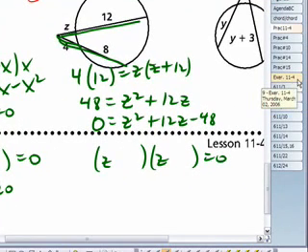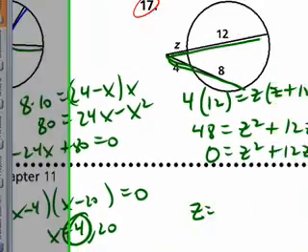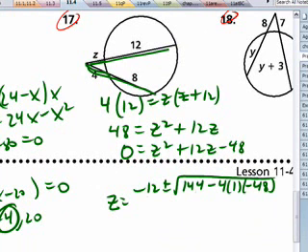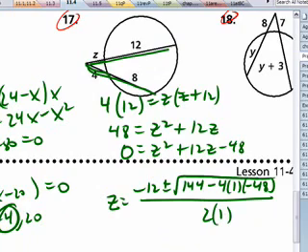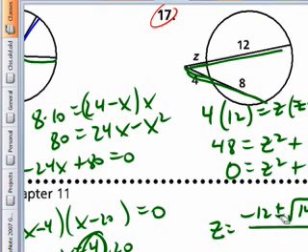Let's see, I can't think of anything that's going to work, and so what I would have to resort to is the quadratic equation. So z is negative b plus or minus the square root of b squared, which is 144, minus 4 times a, which is 1 because there's 1z squared, and then c is negative 48, all divided by 2 times 1. Now, if you choose the negative answer, you'll get something that's just not going to work geometrically, so we would get rid of the negative answer and just leave it as plus.